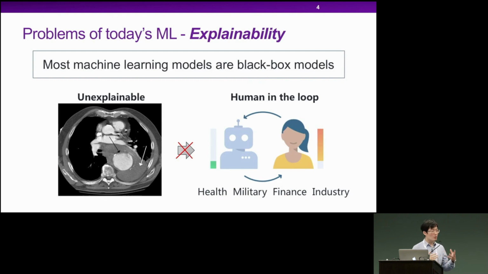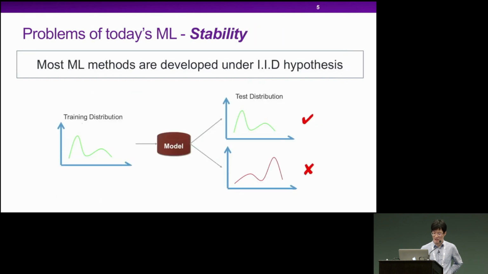A very important precondition of the human-in-the-loop pattern is that the algorithm and the human need to have a common language. That means the output of the algorithm should be understandable for humans. If they cannot understand each other, how can we collaborate? So if in this kind of risk-sensitive area we cannot explain the output of a model, this is quite a big risk of today's machine learning technique.